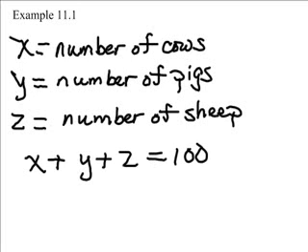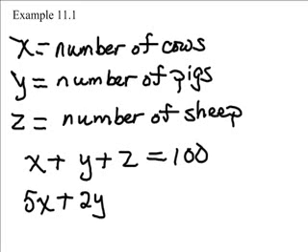The next equation will come from the cost, because we know how much he spent. Since each cow costs $5, he spent 5x on cows, and each pig cost $2, so he spent 2y on pigs, and each sheep was 50 cents.